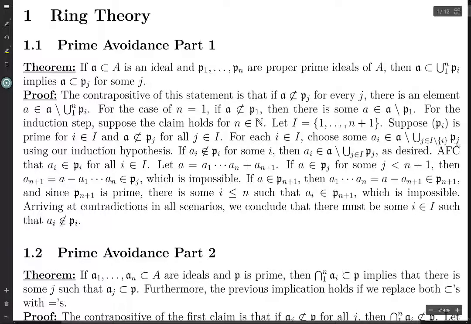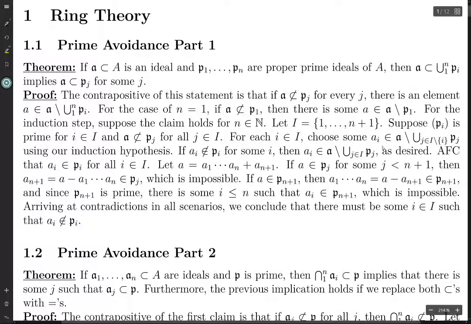This union is taken over n many prime ideals, and for the induction step we're assuming that the claim holds for n, meaning that if A is not contained in P_j for all j in I, then in particular, if you fix an i, A is not contained in P_j for every index j which is not equal to this lowercase i, and so there is some element a which is in the ideal A minus the union of the ideals corresponding to indices which are not that particular i.